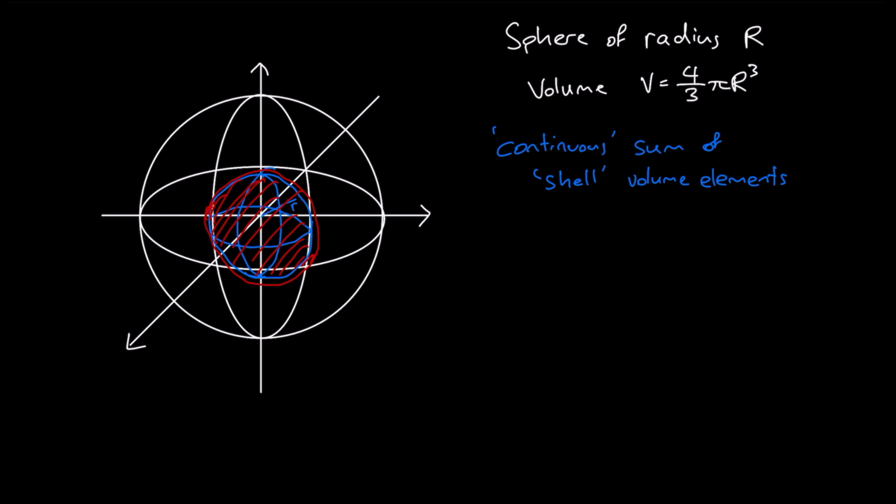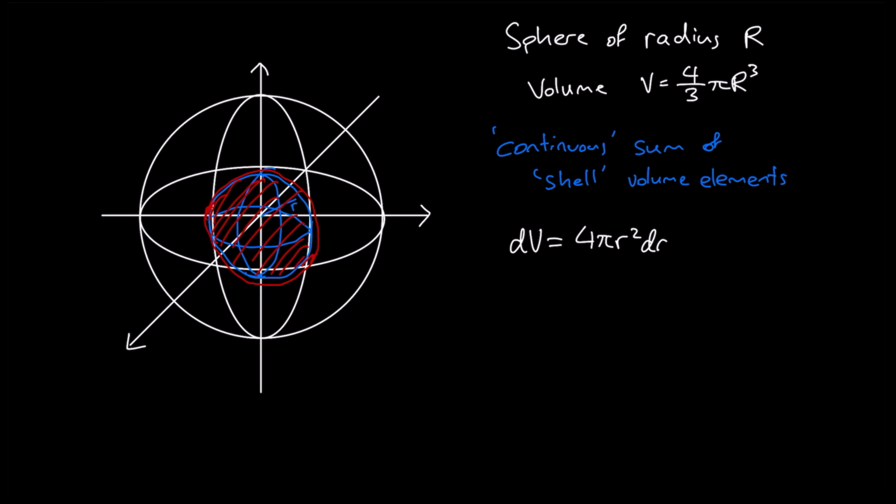So our volume element will be 4 pi little r squared, our surface area for a sphere, and then dr, a little chunk of extra width to that shell. So it's no longer a flat surface, it's got a little bit of thickness to it, so it is a volume.